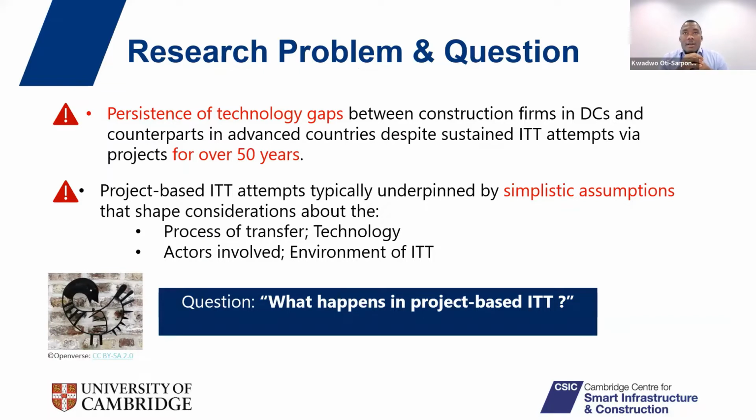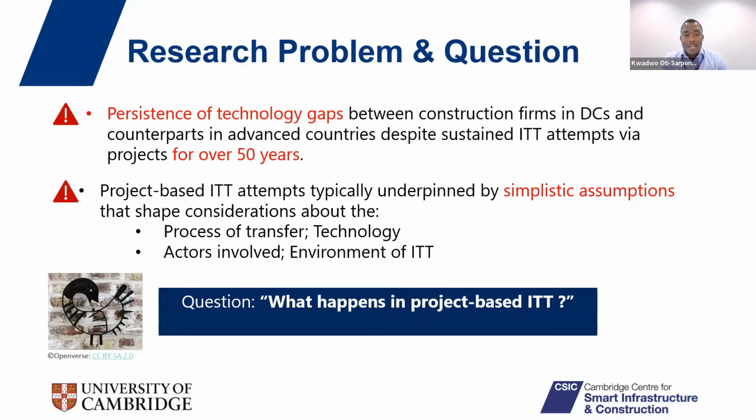And when we look at the academic literature, there appears to be a simplistic assumption about what the process of transfer looks like, about technology itself, the actors involved, and the environment within which technology transfer takes place.